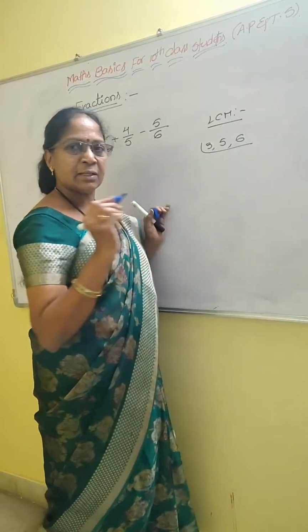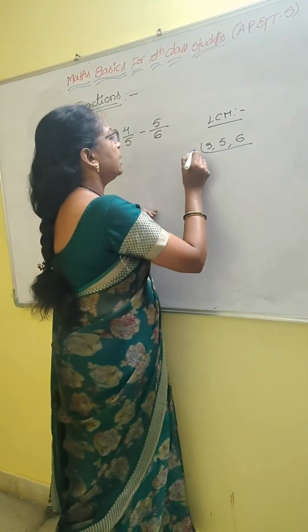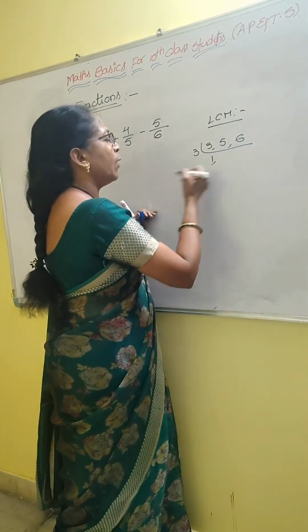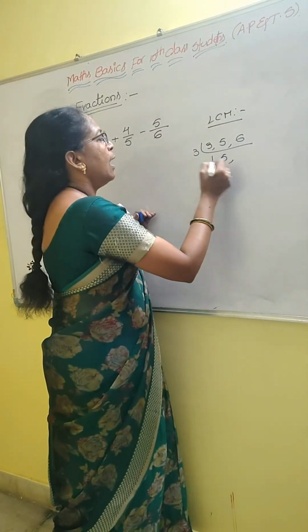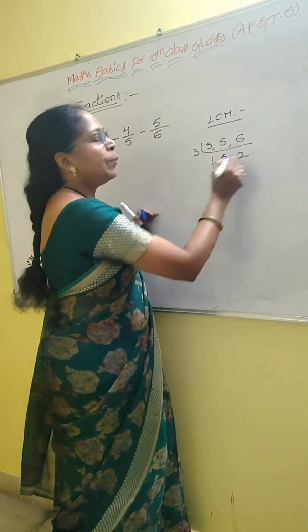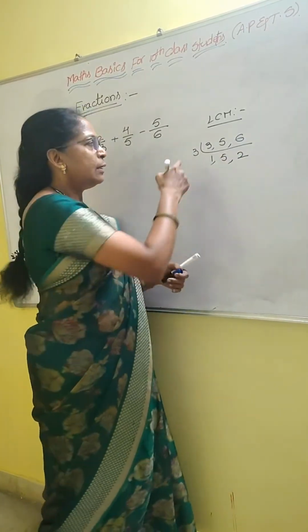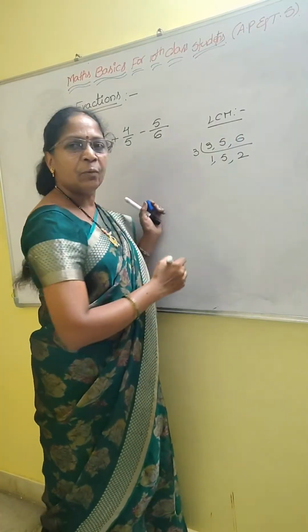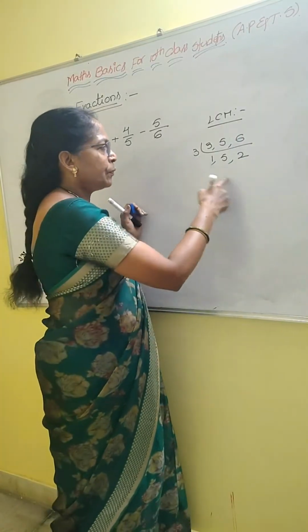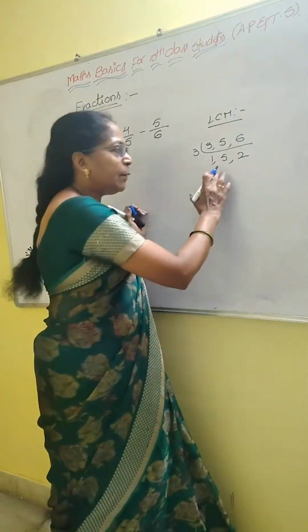In 3 and 6, 3 is divisible, no? So 3 divides 3 one time. In 5 it is not divisible. As well as 3 divides 6, how many times? 2 times. 3 twos are 6. Now here 1, 5, 2, only prime numbers we got. In this, any other number is not divisible in both the numbers.